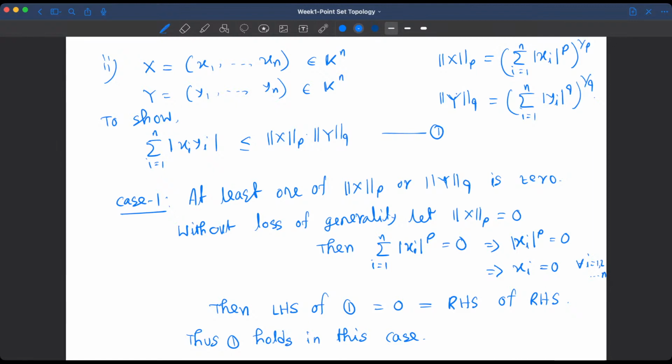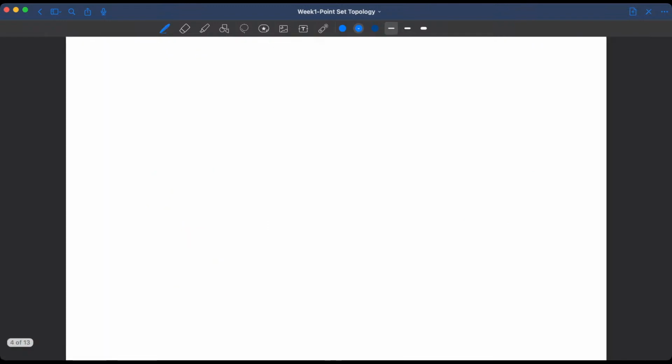Okay, so now suppose that none of them is 0. Case 2: both the norm of x in p is non-zero and the norm of y in q is also non-zero.